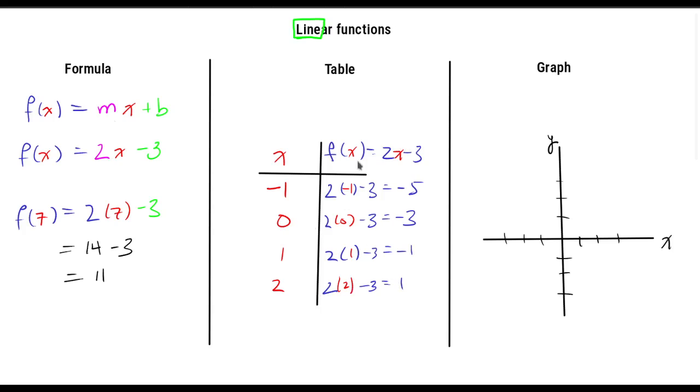So let's take a step back and look at what's going on in this table here. Every time we increase x by 1, the y value goes up by 2. Negative 1 to 0, y values go from negative 5 up to negative 3. If we increase the x values by 1 more, negative 3 up to negative 1, that's another plus 2. 1 to 2 on the x side brings us from negative 1 to positive 1.